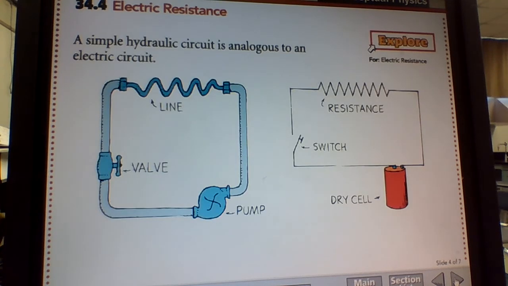And so again, this analogy, we can compare it to some kind of water system. A valve would be very similar to a switch. A pump would be like a battery. And a line where maybe we are going to feed some water to our plants would provide some resistance.